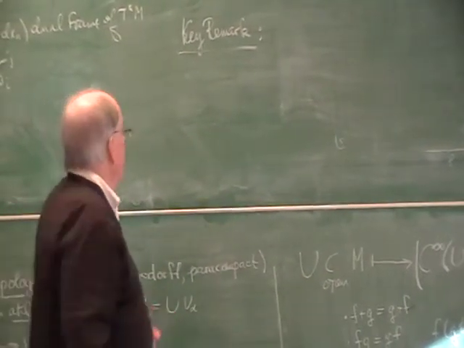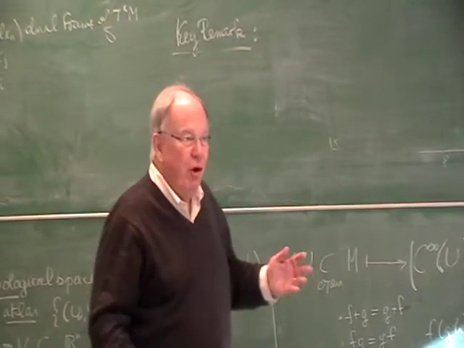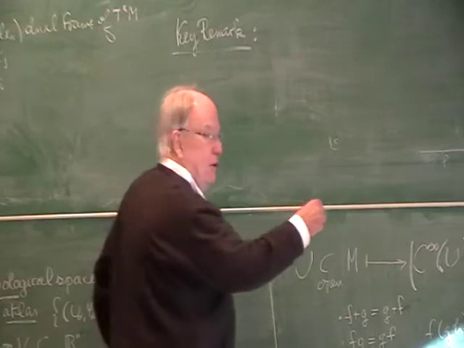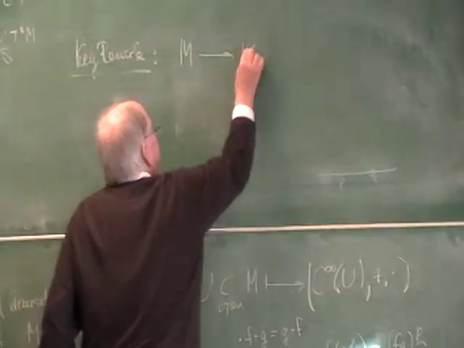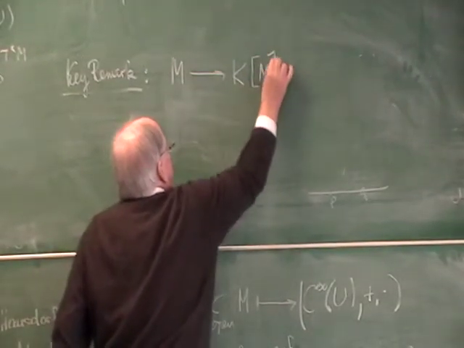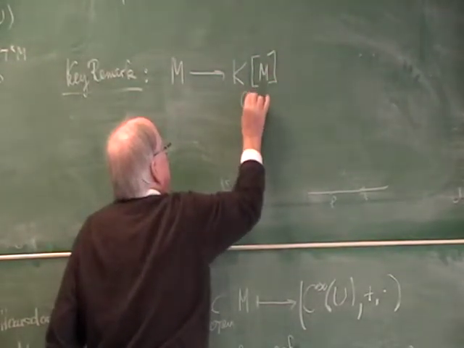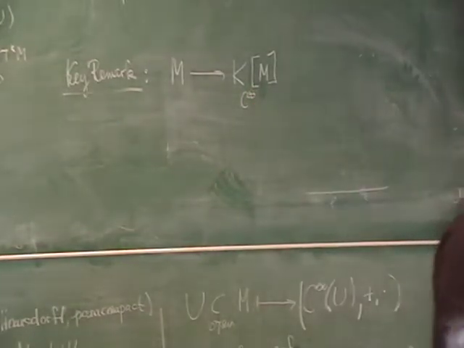And there is a morphism here. It's probably this morphism, you guys will like this, it's called a functor maybe. So this functor takes a manifold maybe to K of that manifold. And maybe I write here C infinity because it's a delicate point.